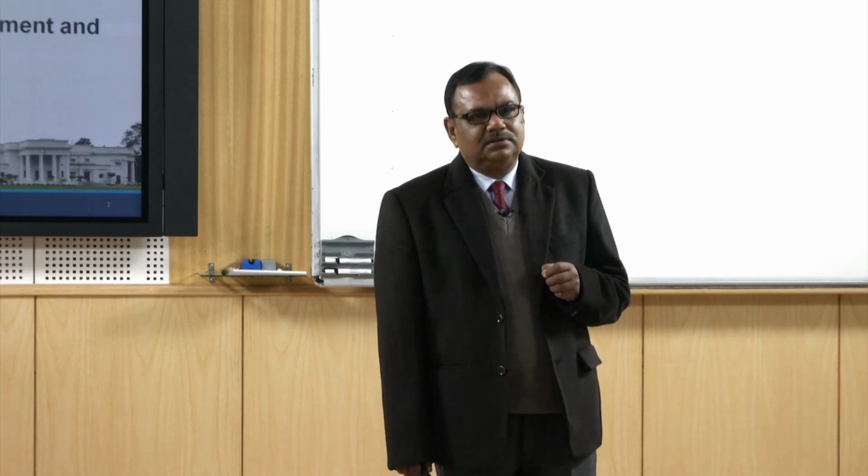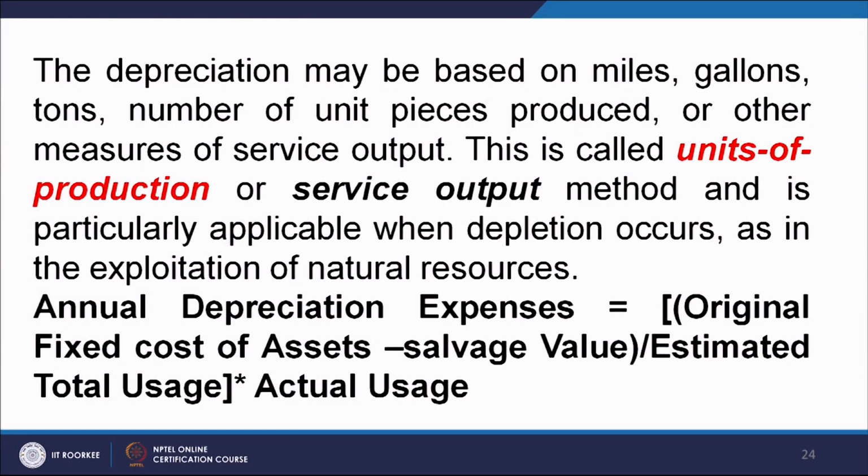When this is done, it is called the units of production or service output method, and is particularly applicable when depletion occurs, as in the exploitation of natural resources. If I am using this method, then my annual depreciation expense is equal to the original fixed cost of the asset minus salvage value, divided by estimated total uses, into actual uses.